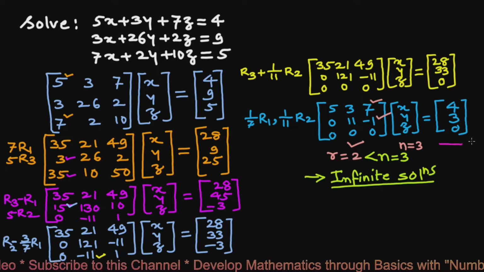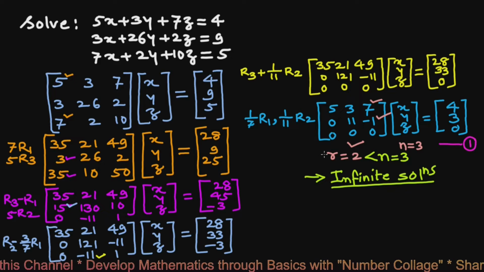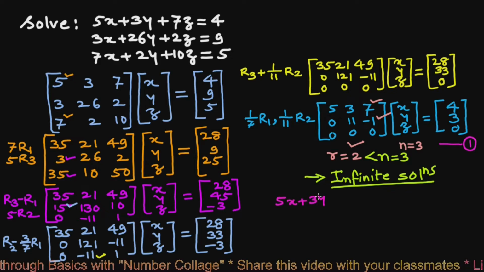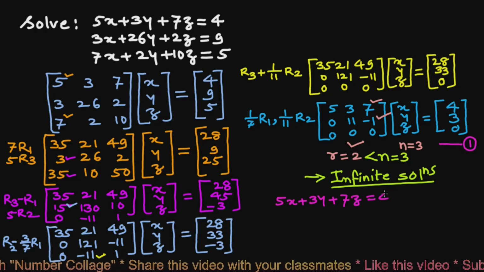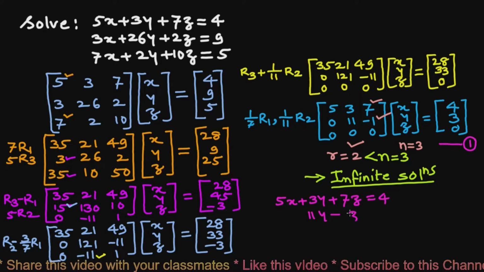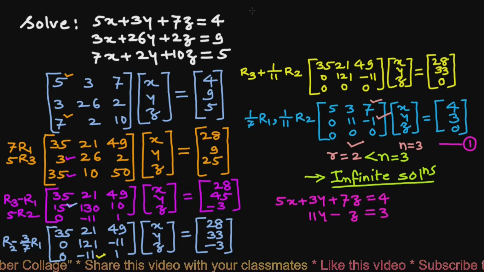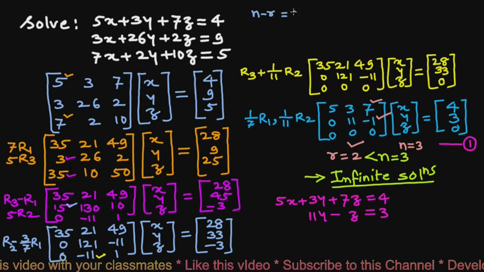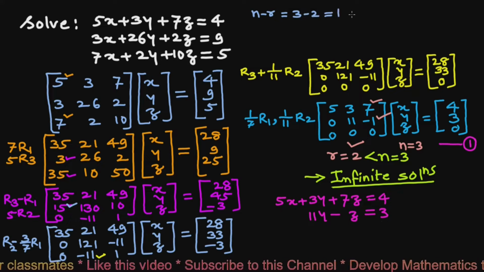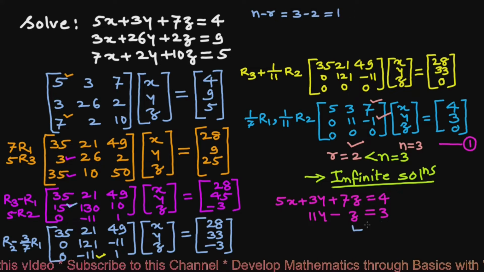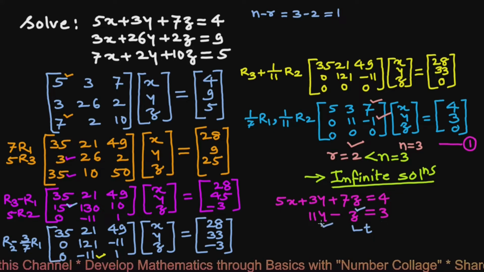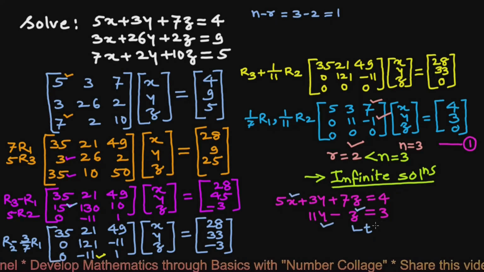We write the equations by matrix multiplication as 5x plus 3y plus 7z equals 4, 11y minus z equals 3. We have to assign values to n minus r variables, that is 3 minus 2, one variable, and we will assign a value t to this variable z, and we will express the values of y and x in terms of this t.